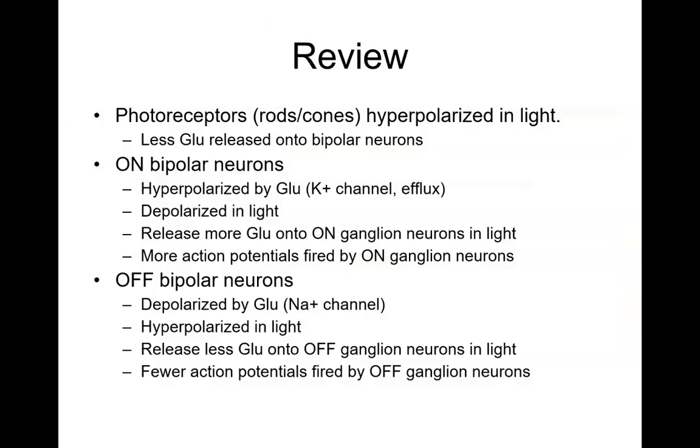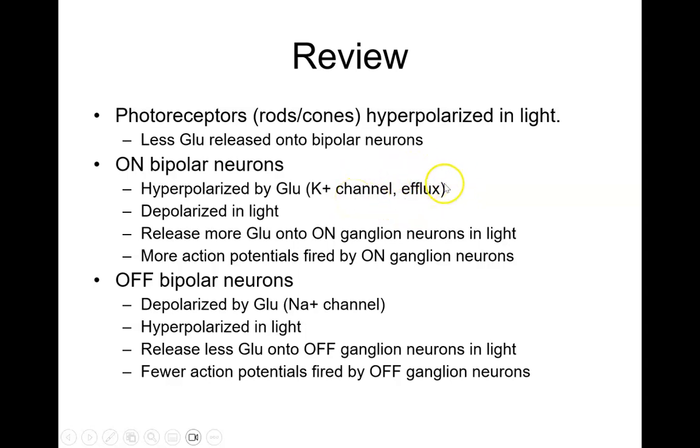So now, just as kind of a review, our photoreceptors are going to be hyperpolarized in light. They're going to be depolarized in the dark. And in light, they are going to release less glutamate onto bipolar neurons. We have our on-bipolar neurons, which are hyperpolarized by glutamate. It works with a potassium channel.